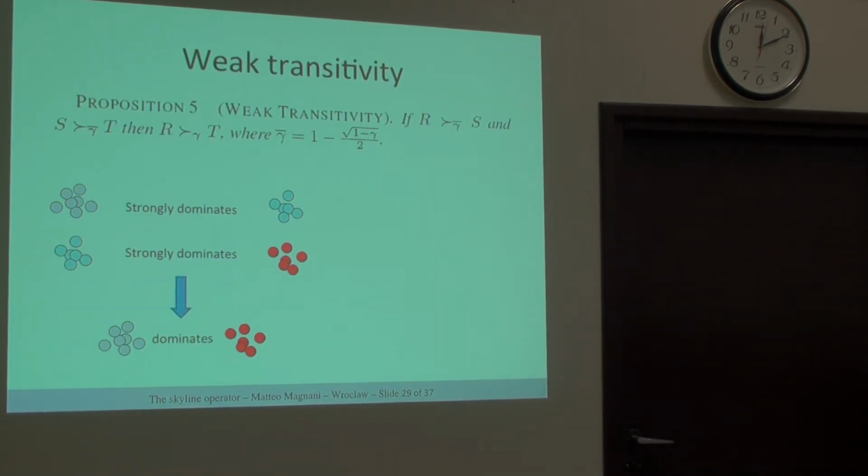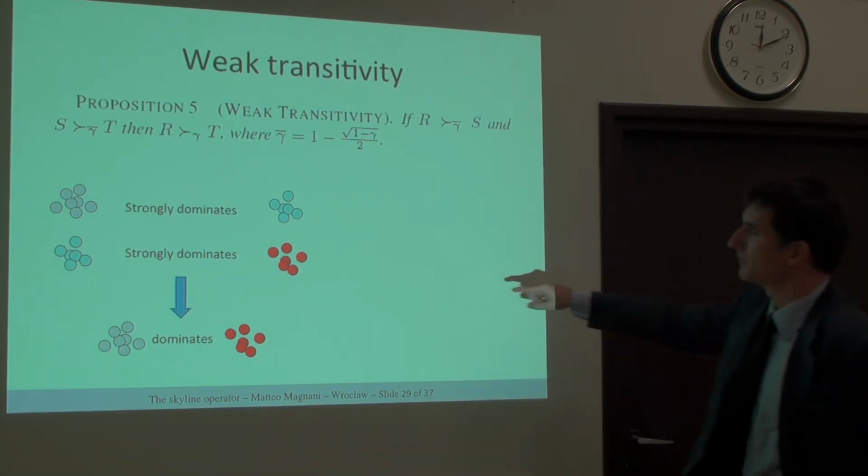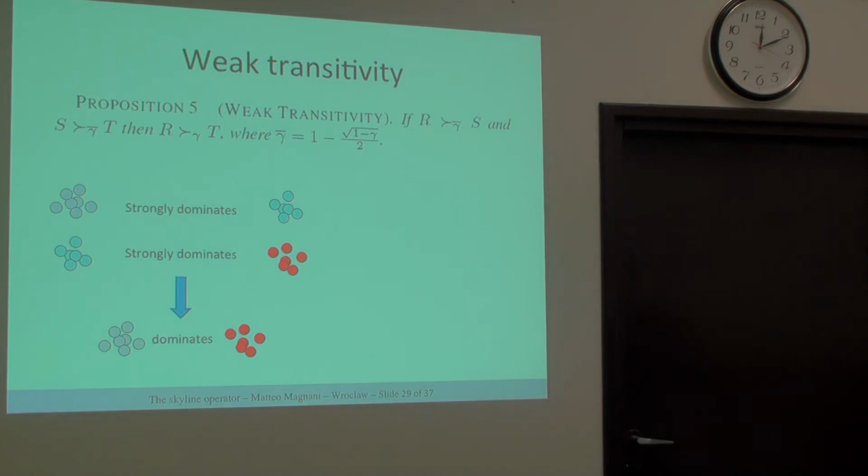Some weaker version of the transitivity, meaning that only a small number of cases is left when I cannot do the pruning. The main idea is that if I'm better than you, meaning my movies are better than yours, and you are better than him, I cannot say that I'm better than him.